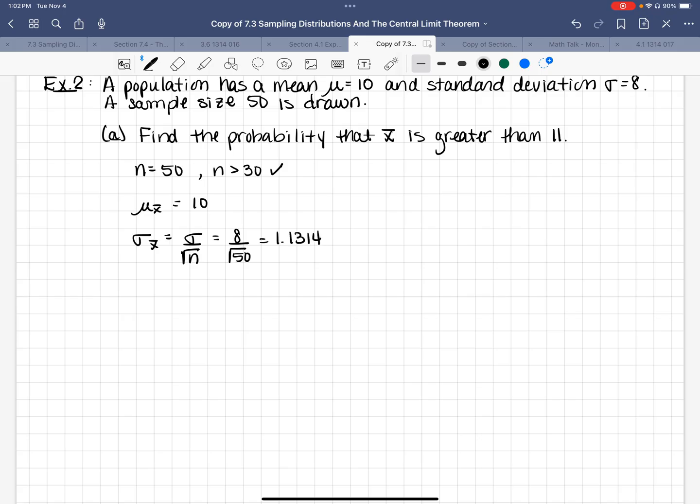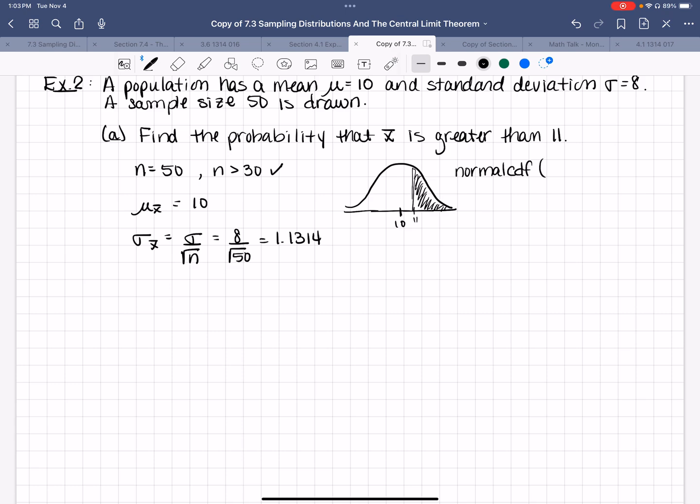Now I can find that probability that x bar is greater than 11. So what you're doing, guys, is you've got the normal curve like we had before. This time the average is 10, and remember, we didn't have to turn it back into a mean of 0 and a standard deviation of 1. We want to know if 11 is somewhere over here. We want this chunk right here. What is the probability that it's going to be greater than 11? We're going to use normal CDF here.